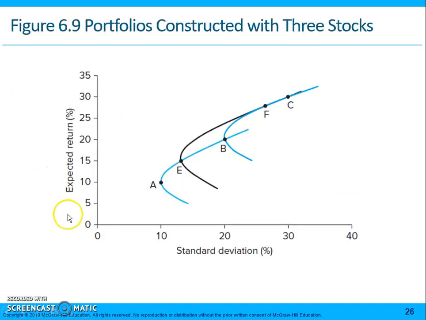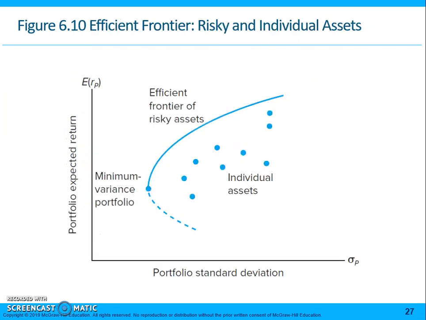So this chart just shows a portfolio constructed of three stocks. Here we created this investment opportunity set for each stock. Then we combine those together and we show all individual assets, and we create an efficient frontier.